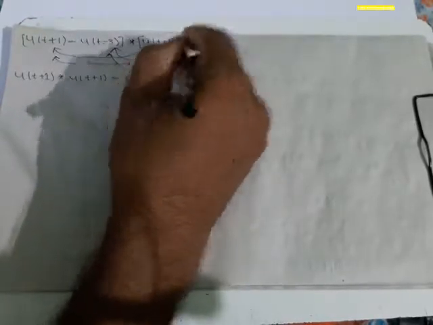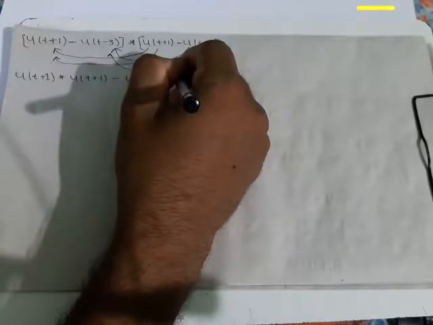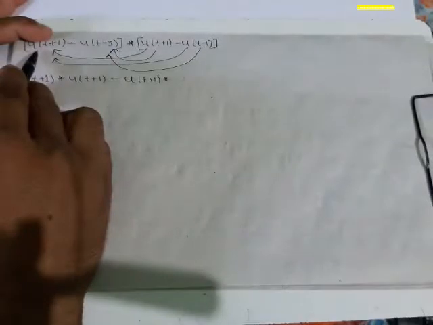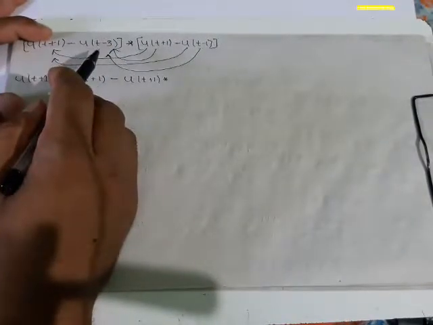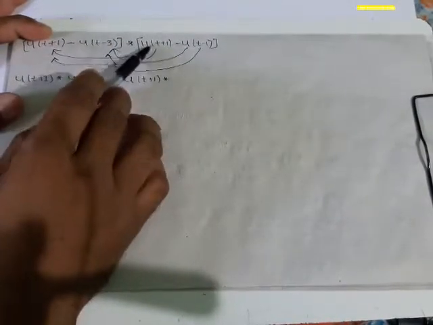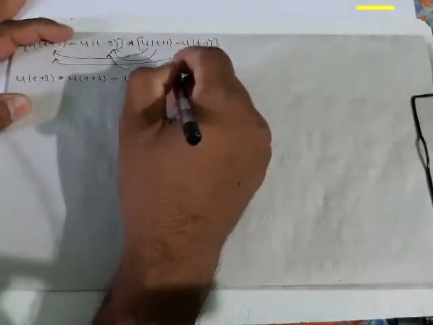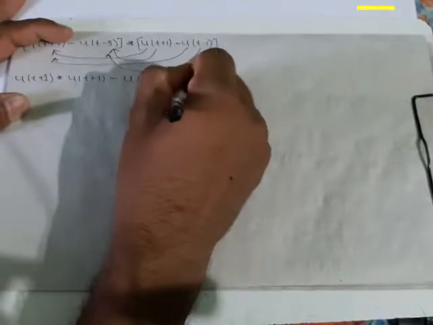We also know that u of t convolution with u of t is nothing but what? This is 1 by s into 1 by s, in the Laplace transform, which is 1 by s square, which is r of t, that is t into u of t.